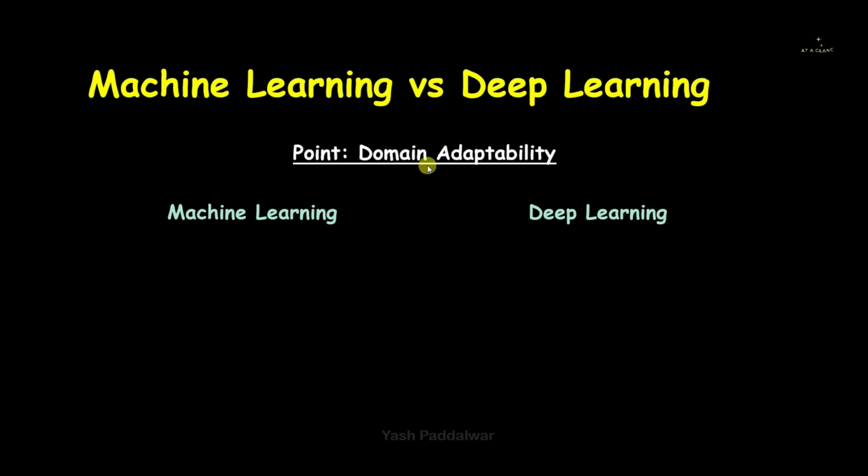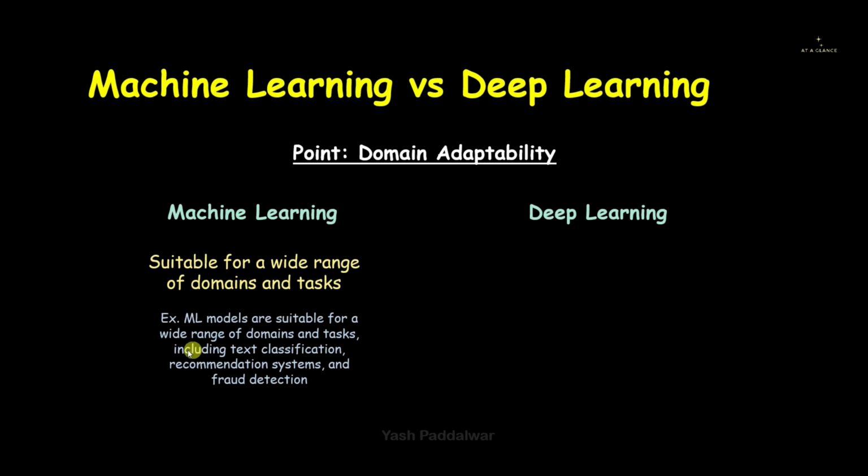Now let's move on to another point, which is domain adaptability. Machine learning is suitable for a wide range of domains and tasks. It doesn't mean that it is suitable for every single task. Commonly, ML models are suitable for text classification, recommendation systems, and fraud detection. We can also use it in several other domains, but it is not that suitable when it comes to larger data.